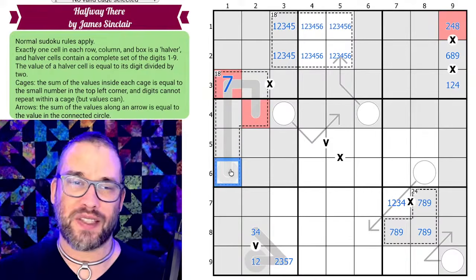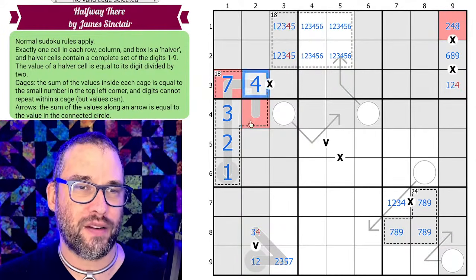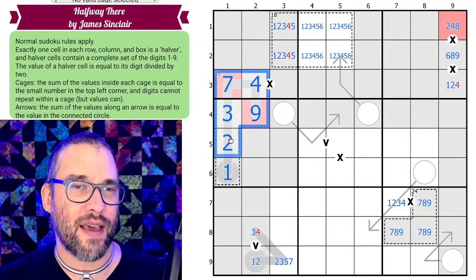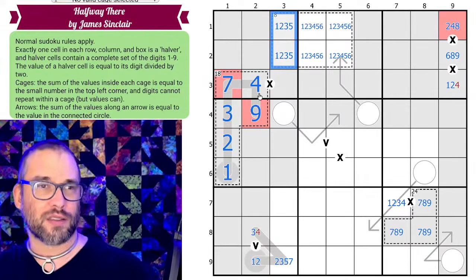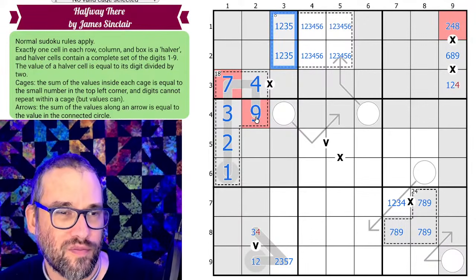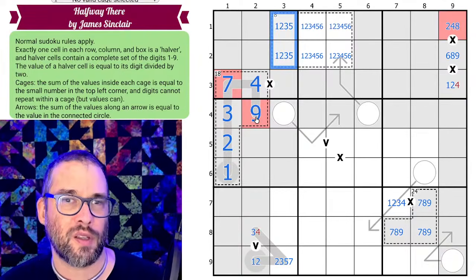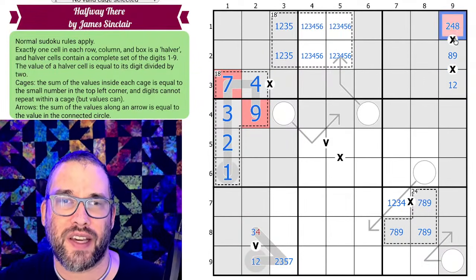Okay, and that fills in the entire cage. That has to be 1, 2, 3, and a 4, and a 9, and that adds to 18. No 4 here. Let's see, no 4 here, so that's not 6.